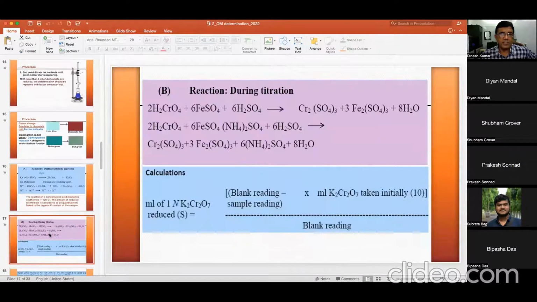Now you see reactions during titration. H2CrO4, chromic acid, is there, which is unused. Whatever has been used is already reduced, and this is unused chromic acid, and then ferrous sulfate, or you can take ferrous ammonium sulfate here.